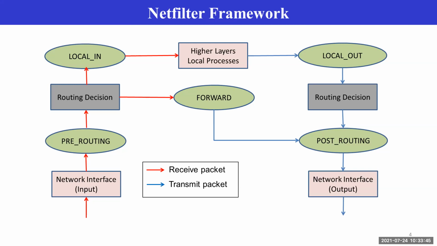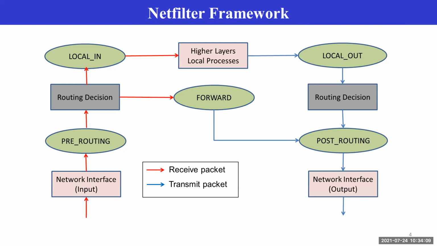After PREROUTING, a routing decision is made whether the packet is destined for this particular machine or will be forwarded. Based on that, either the LOCAL_IN hook point or the FORWARD hook point will be called.